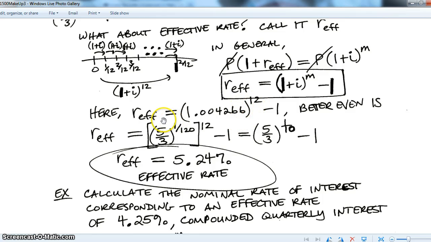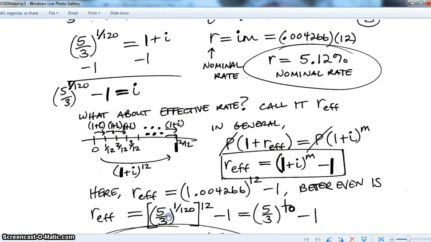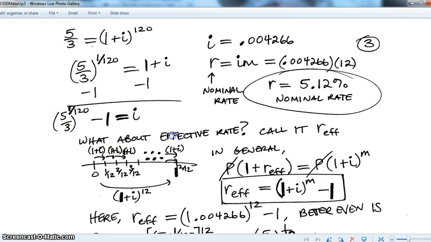Well, the effective rate then is going to be that minus 1, because this number is going to be a number bigger than 1, and we want to write it as 1 plus the effective rate, so we subtract 1. Instead of using this truncated number here, it's even easier algebraically if you just leave it as the 5/3 to the 1 over 1/20th. So you go back up here. 1 plus I was 5/3 to the 1 over 1/20th.